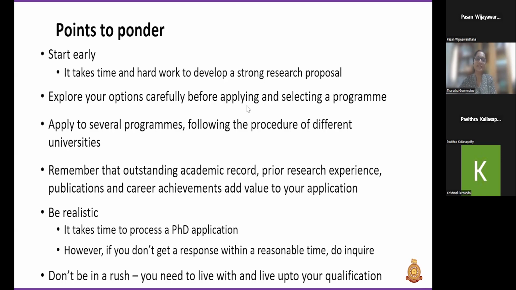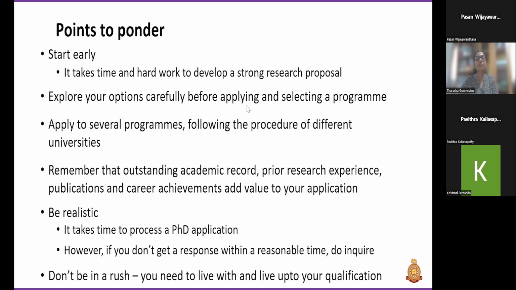Start early. You can't suddenly decide today and tomorrow apply for a university. It calls for a lot of hard work, and especially the reader or the assessor will understand whether you have really made that effort and devoted a lot of time and effort towards it.